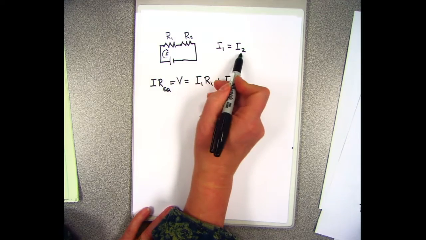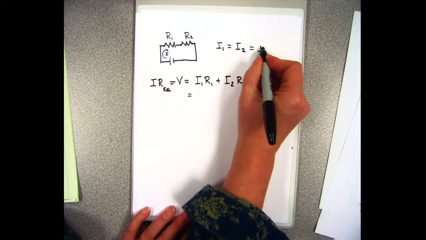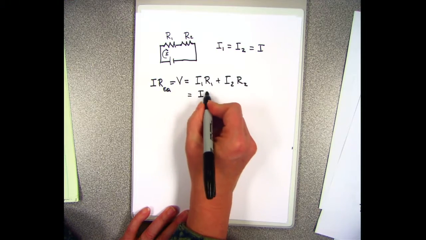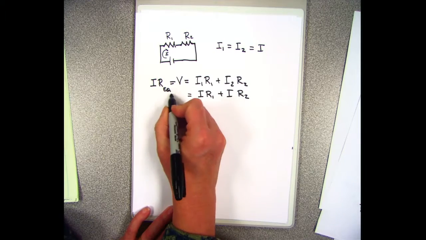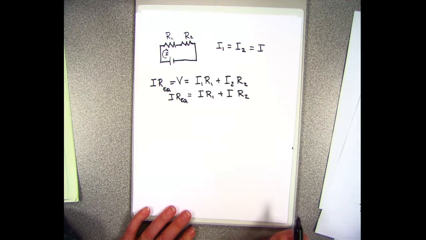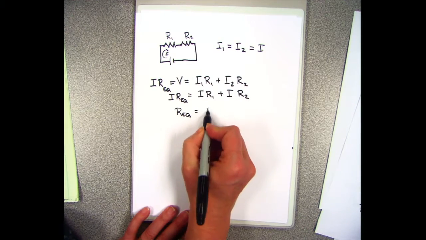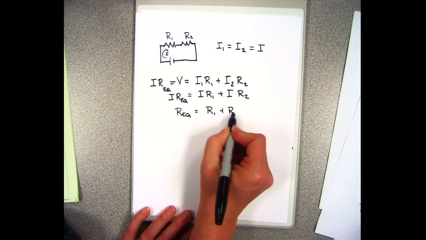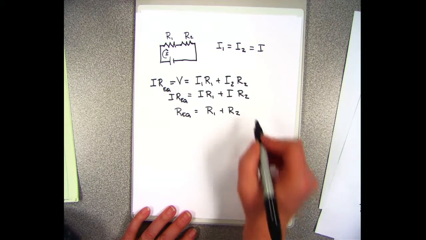Well, if I1 has to equal I2, that all has to equal I. So this becomes I R1 plus I R2 is equal to I times the equivalent resistor. I can divide both sides by I, and I get the equivalent resistance is equal to R1 plus R2 for series.